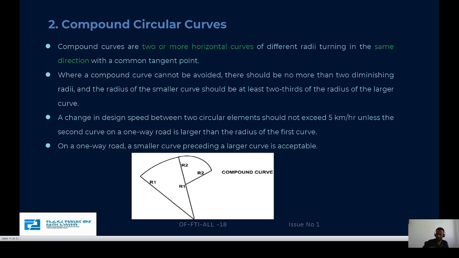So first provide the smaller curve and the second provide the larger curve. The radius between the smallest curve and the largest curve should not be very different. The smallest curve radius will be 2/3 of the radius of the larger curve. And also if there is a change in design speed related to the curves, the difference between the smallest curve and the largest curve is 5 km/h.